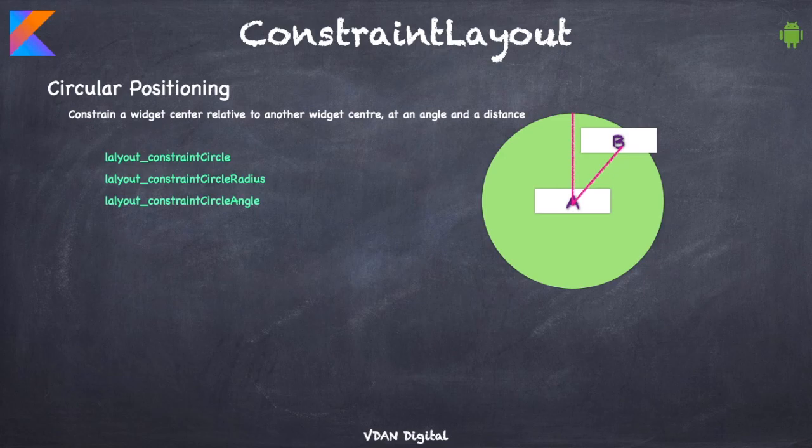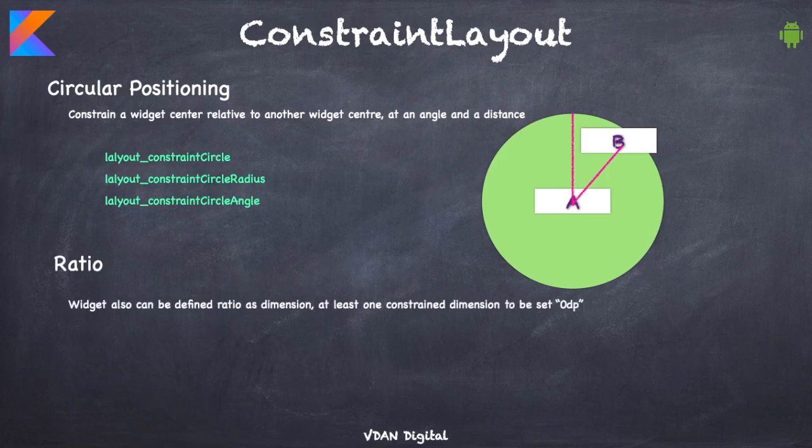Also, what is ratio? A widget can be defined as a ratio with a dimension. At least one constraint dimension needs to be set as 0 dp.